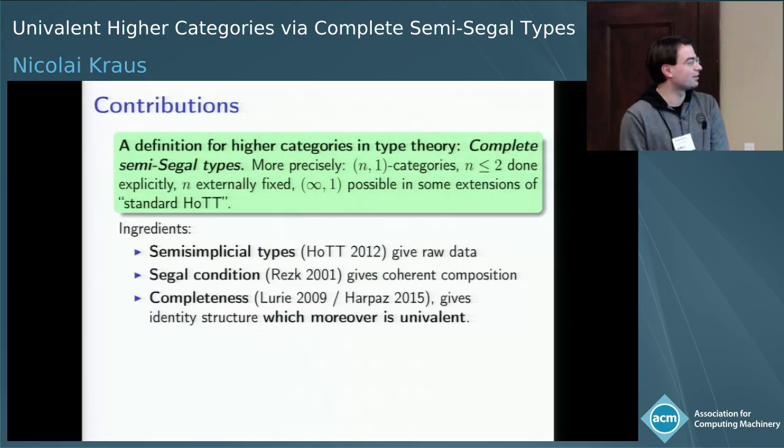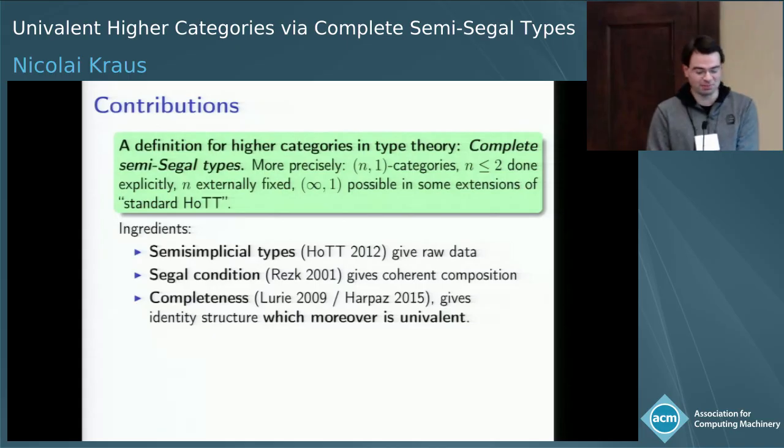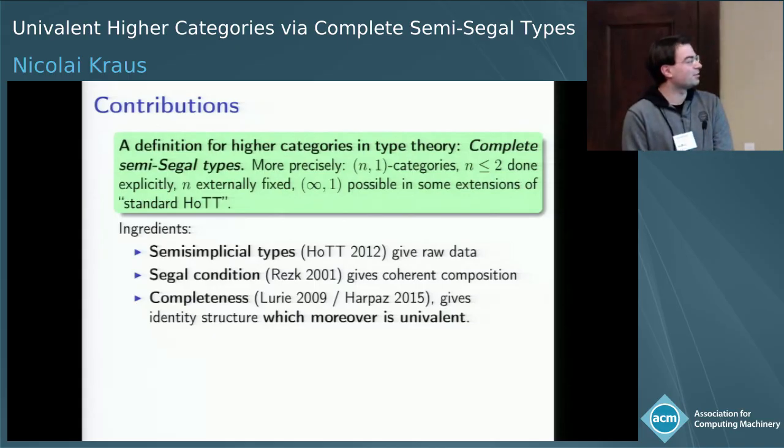So then the last thing which we need is, well, we need to find a way to put identities in, because so far we only have higher semi-categories. And identities are a bit of a problem in type theory because usually what serves as identities are these degeneracies in simplicial sets, if you know about these approaches. And in type theory, we only can do these semi-simplicial types.